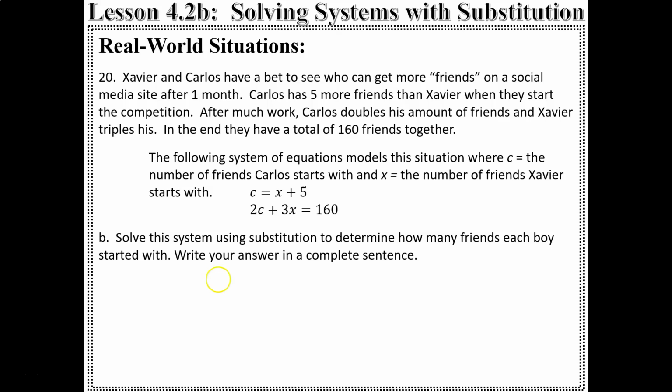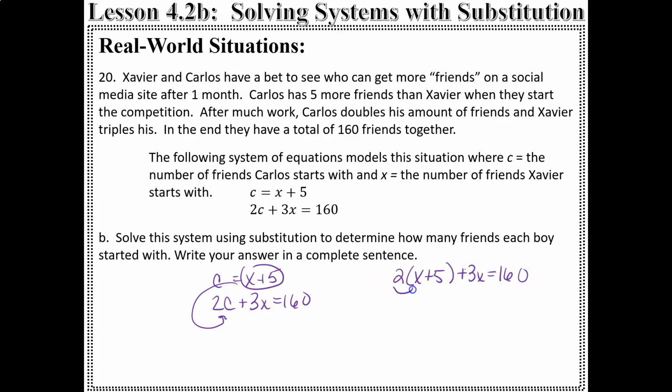So I'm going to take what C equals and plug it in here. So I have 2, and instead of the C, I'm going to put in x plus 5, plus 3x equals 160. So when I distribute, I have 2x plus 10 plus 3x equals 160.